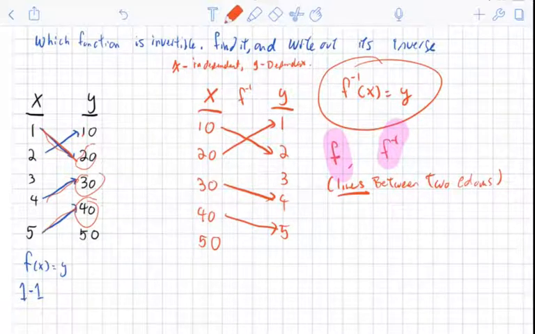In other words, going from f to f minus 1, I'm switching around the domain with the range to get a new function where the domain is now the range and the range is now the domain. I'm switching this column over here and this column over here. The lines themselves are going to be exactly the same.